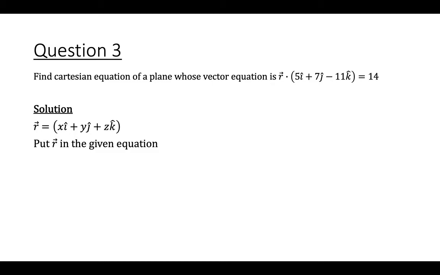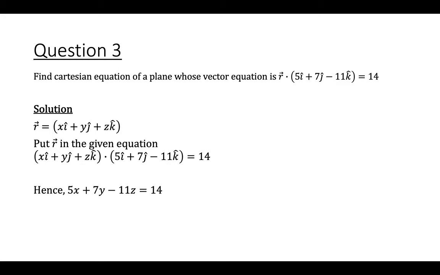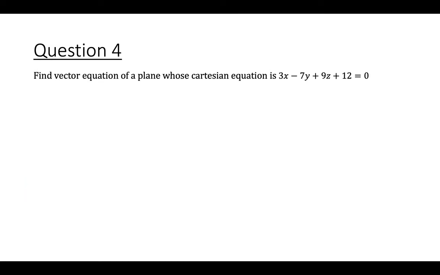So vector r in the given equation is (xi plus yj plus zk) dot (5i plus 7j minus 11k) equal to 14, and the Cartesian equation is 5x plus 7y minus 11z equal to 14.